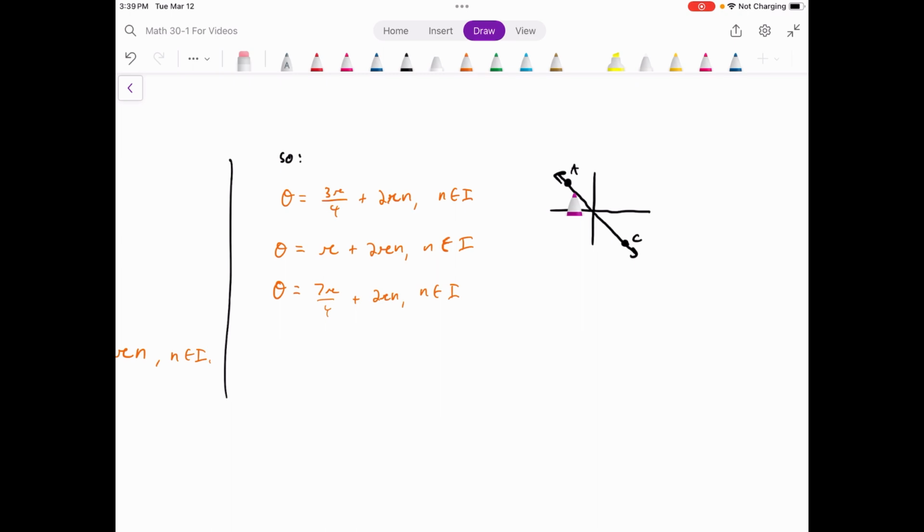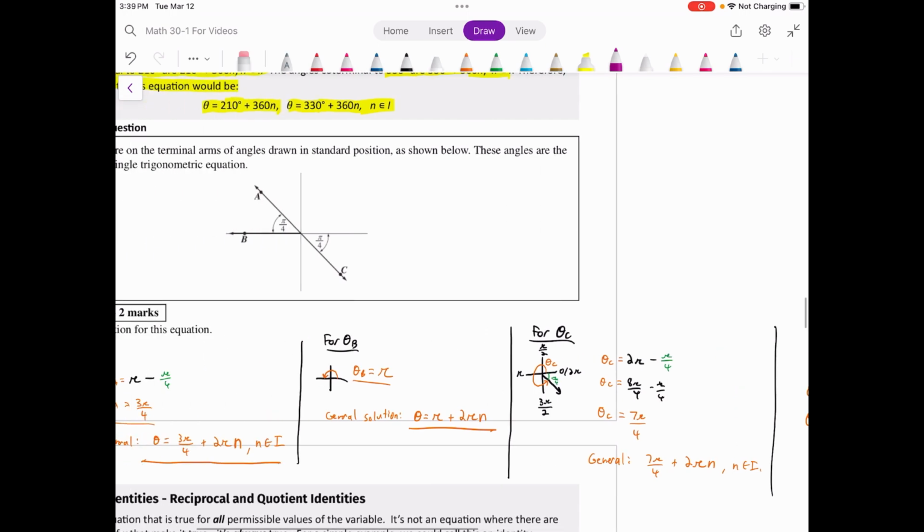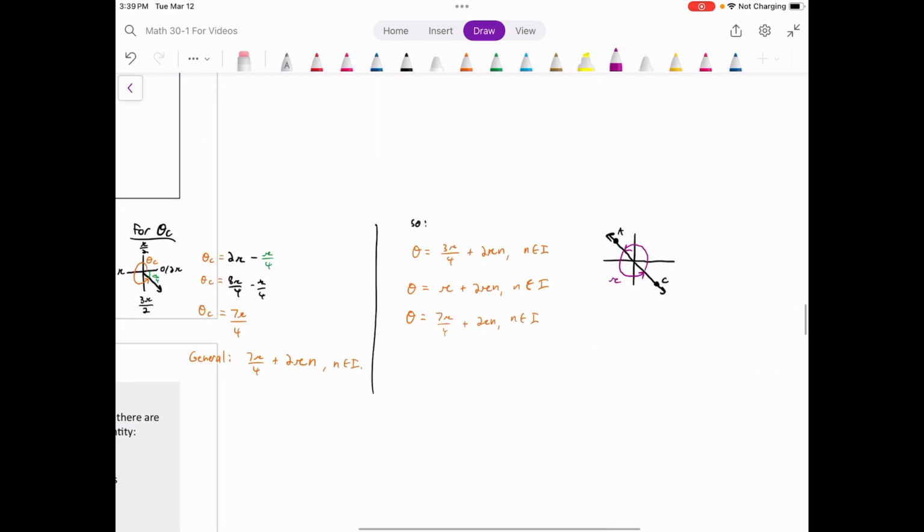What do you have to move through to go from theta A to theta C's terminal arm? It's just 180 or pi, right? It's just separated by pi. So whenever you have 2 angles that are separated by pi, that often means you can combine their general solution parts into one part, right?